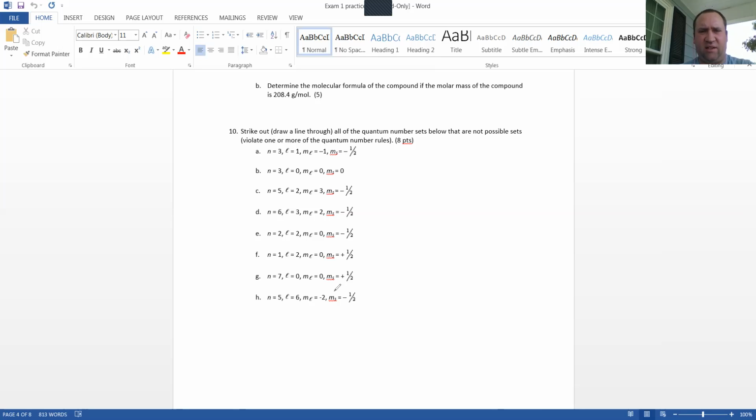So we look at each of these and ask, is this combination possible? What it's asking is for us to strike out the ones that are not. If it is a good set, we just leave it alone. If it's not, then we cross it out. That's fine on that one.